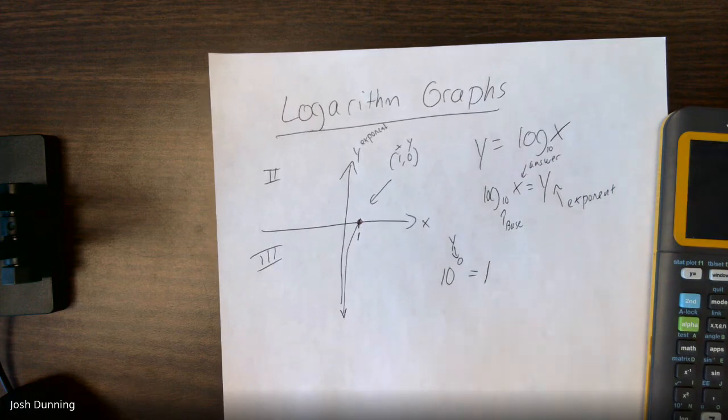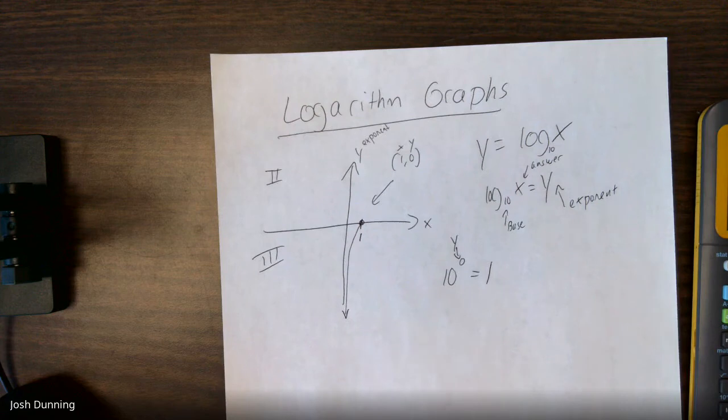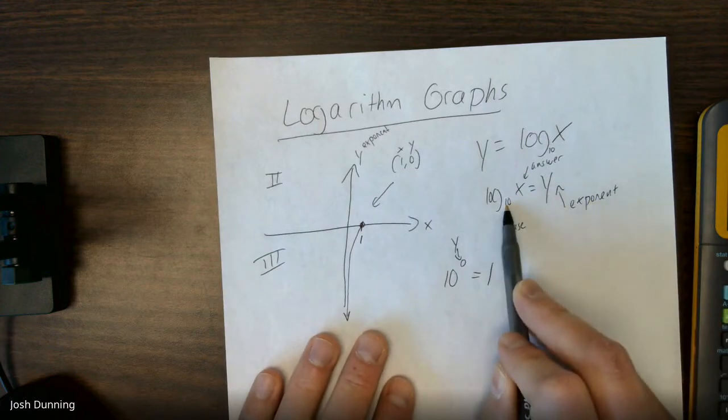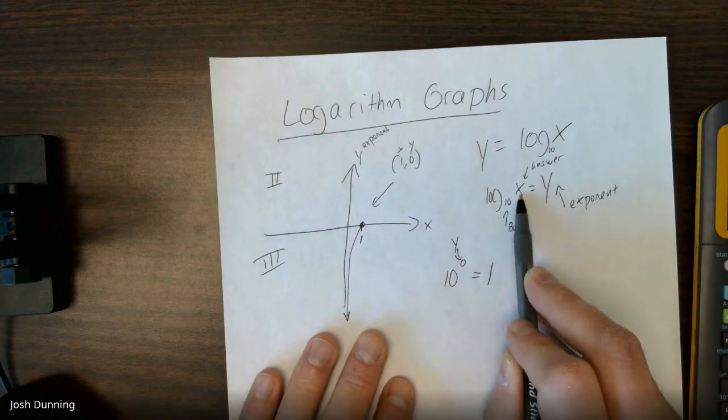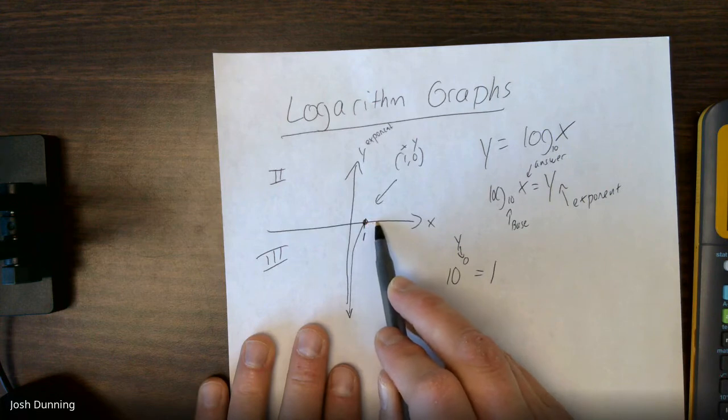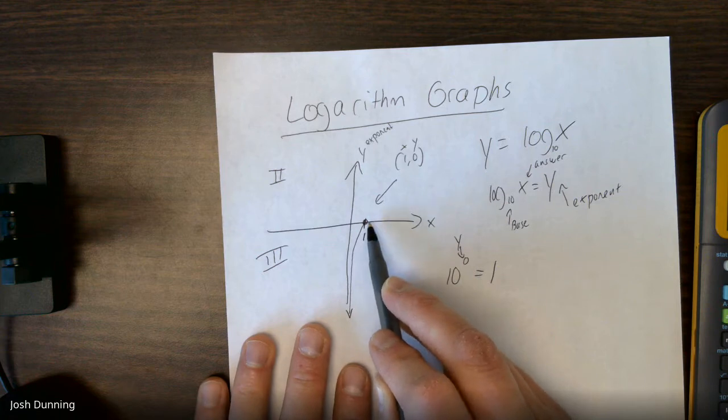Now, the further out we go, let's think about it. What this is saying is, what do I raise 10 to get wherever we are on the x-axis? And as we head over, well, there's no number right in our brains we can think of to raise 10 to to get 2.